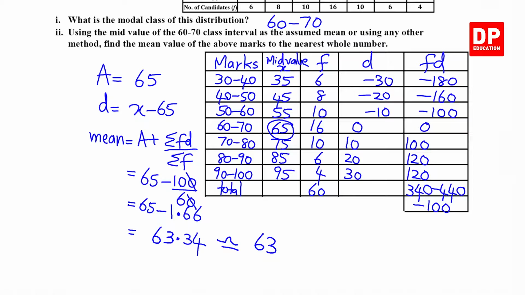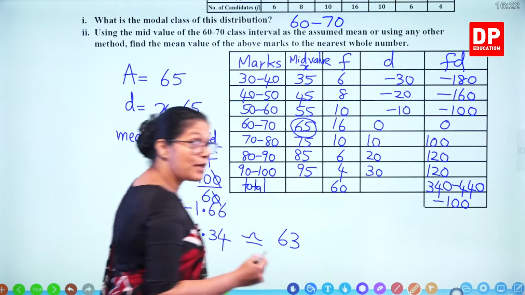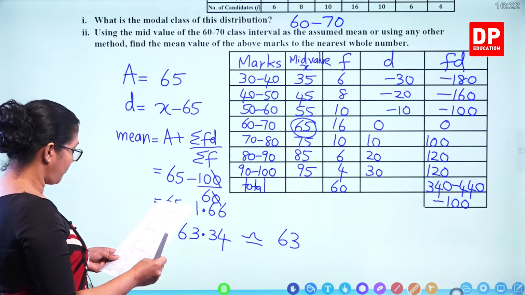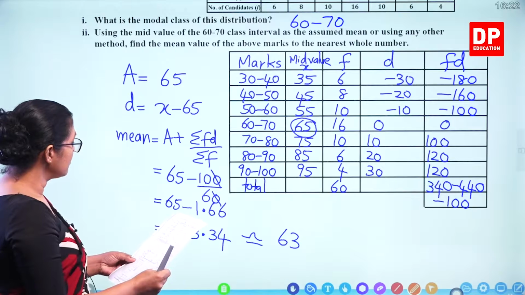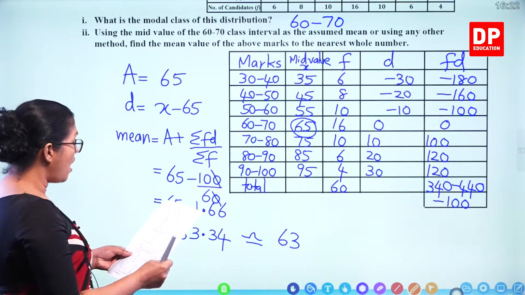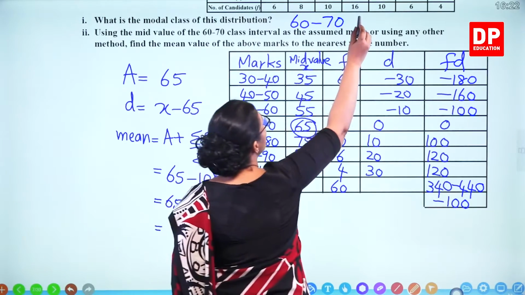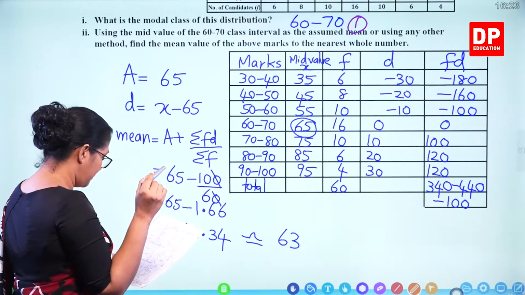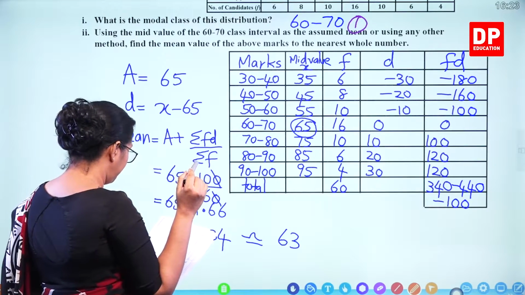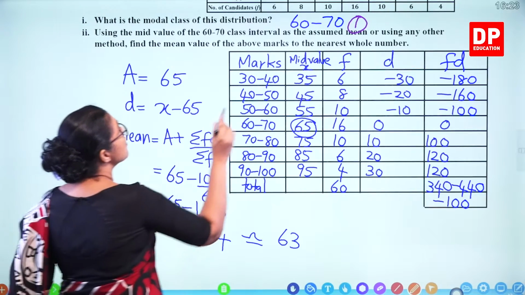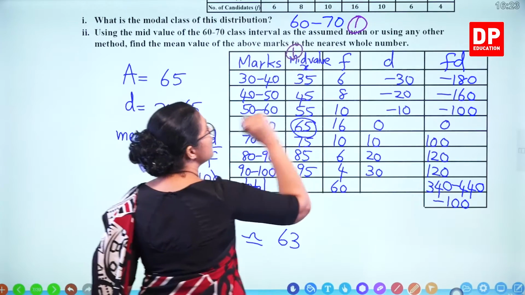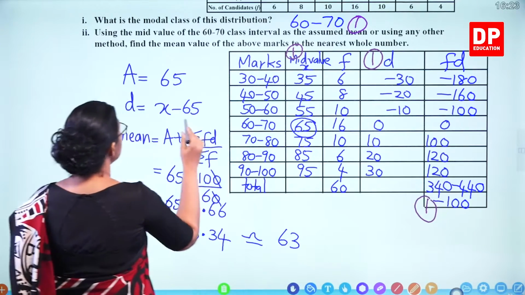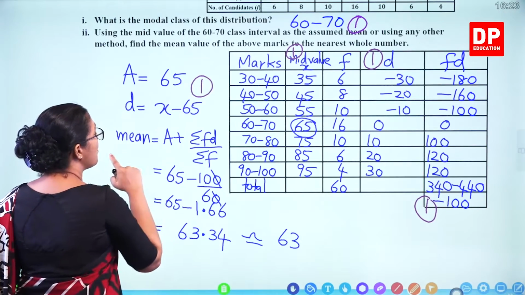So that's this part. We'll see how many marks for that. 1 mark for finding the model class, and 6 marks for this. So mid value you get 1, deviation 1 mark, sigma FD 1 mark, writing down this 1 mark.